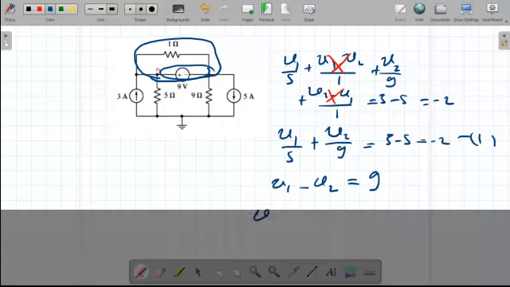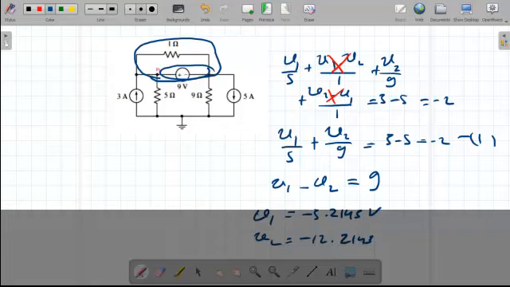So after the solution of these equations, V1 will equal minus 3.2143 volt, and V2 will equal minus 12.2143.